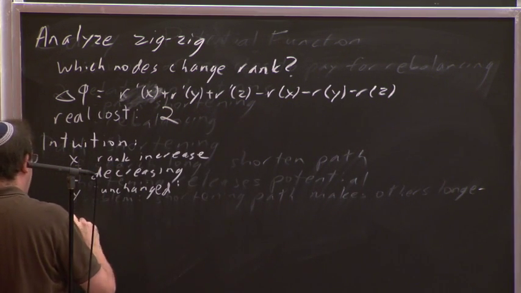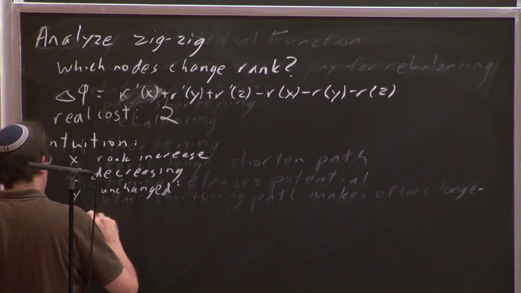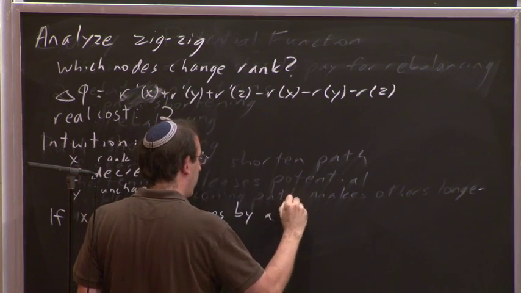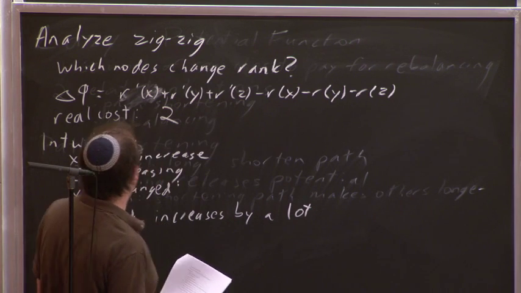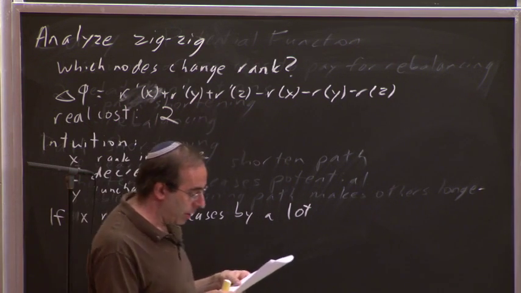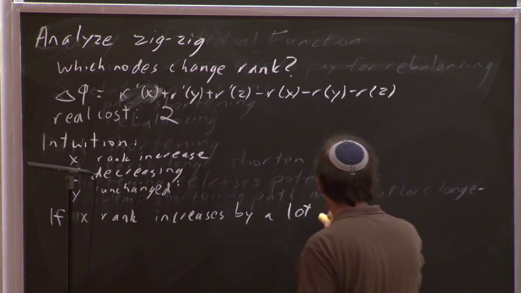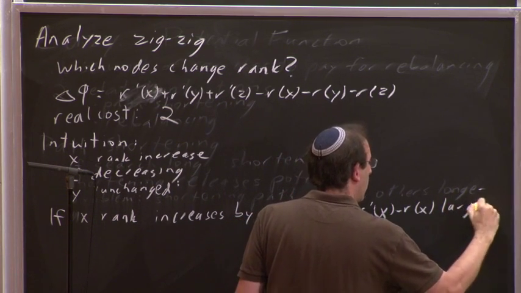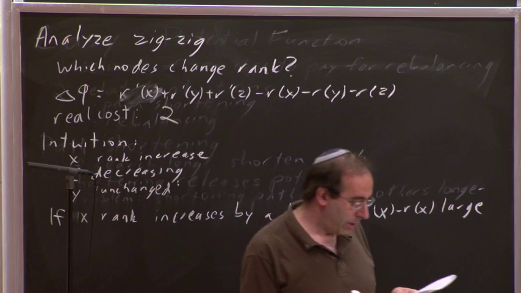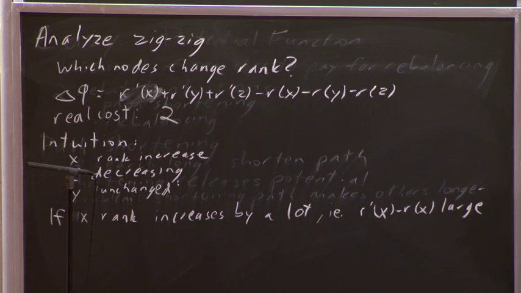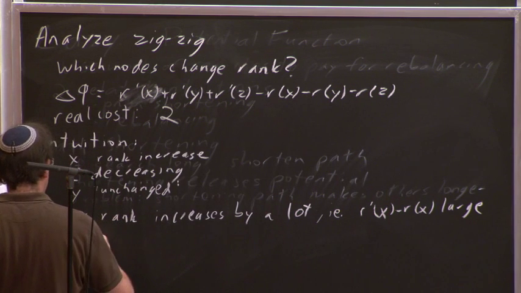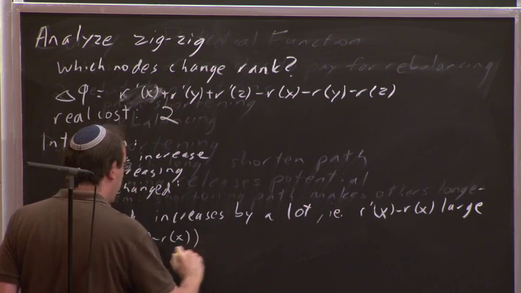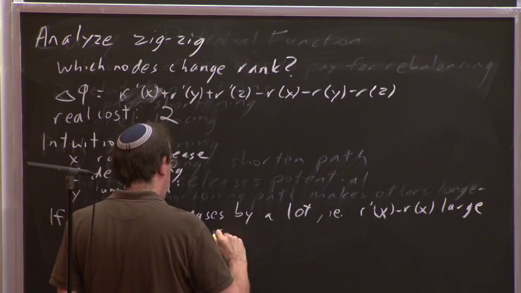So what kind of things might happen? If the rank of x increases by a lot, in other words, r prime of x is much larger than r of x, what does that tell us about the shape of the tree? Well, in that case, 3 times r prime of x minus r of x, which is the thing that we want to bound, our claimed bound, is much greater than 2.